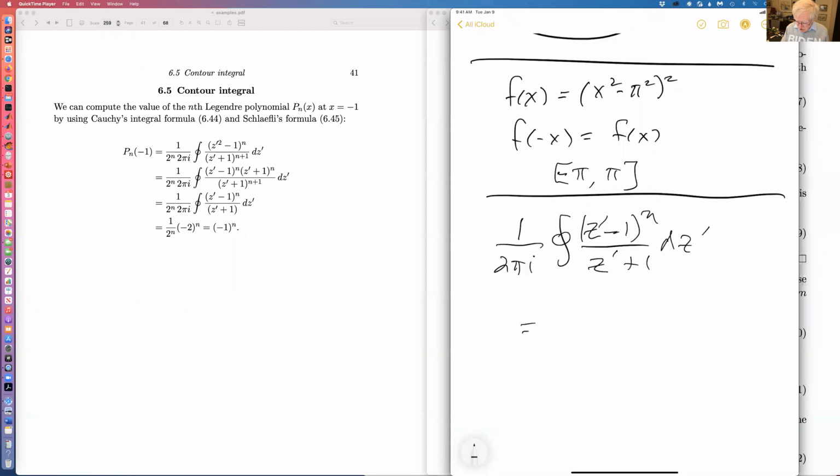Well, this is just z prime minus 1 to the n evaluated at z prime equal to minus 1, and that is equal to minus 2 to the n. And then that cancels the 2 to the n, and so you get minus 1 to the n.